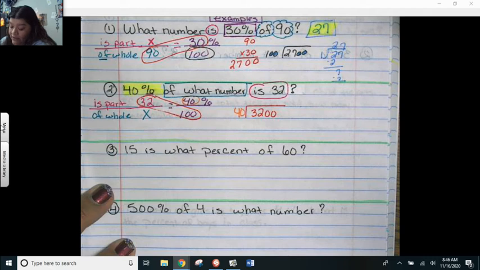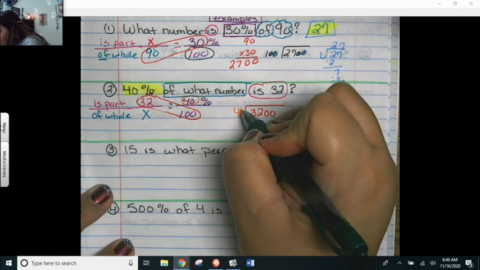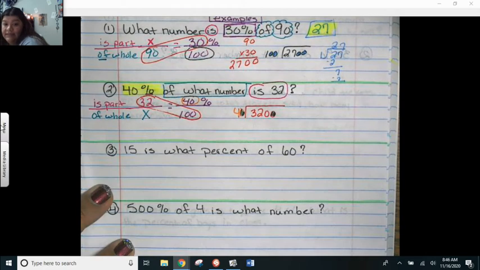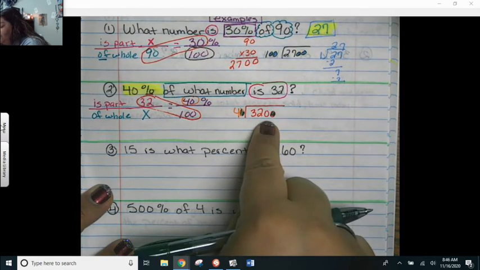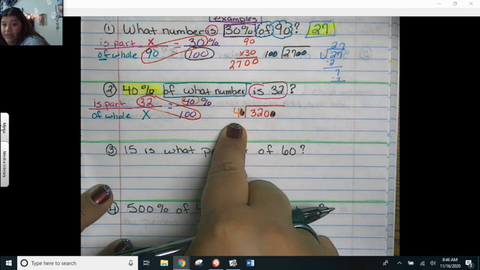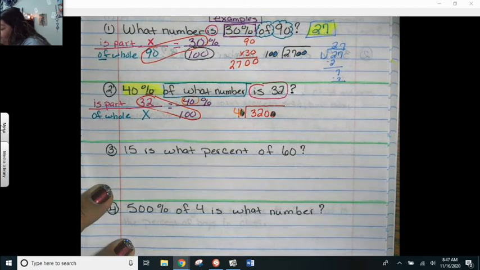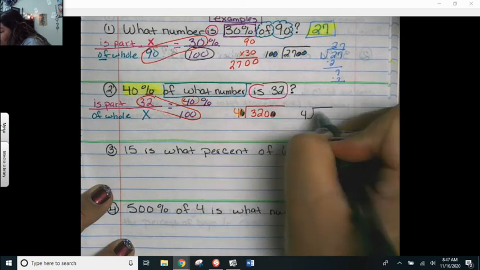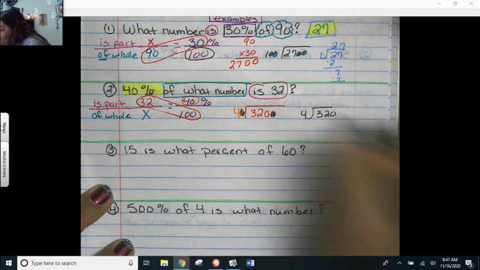Okay, now if you want to take out the 0, go ahead and take it out. I can take out 1 0 from the outside and 1 0 from the inside, but that's it. Okay, I can't take that 0 away because I don't have another one over here. Okay, now we go ahead and divide. So what we're dividing is 4 into 320.